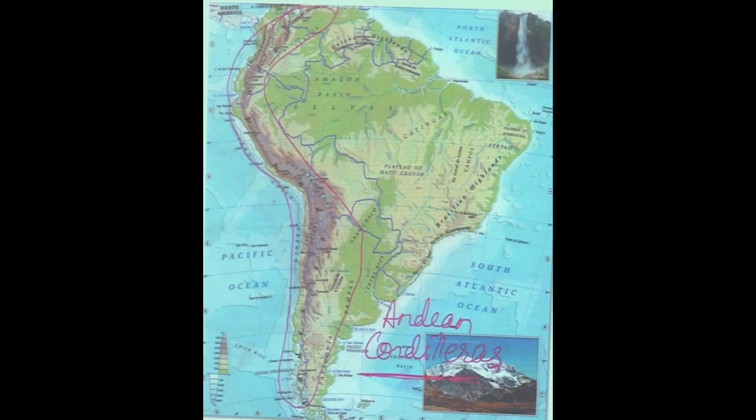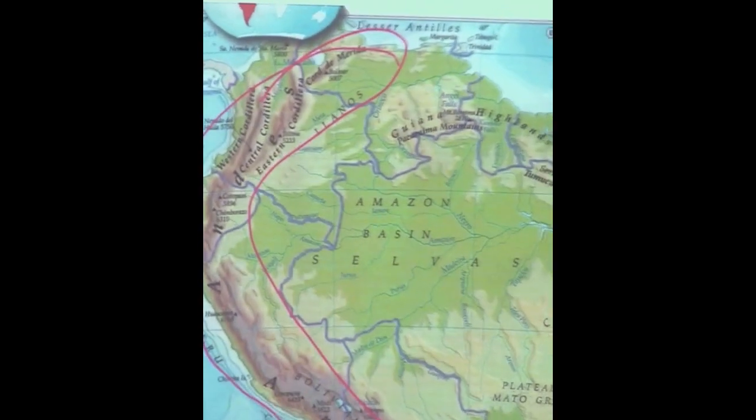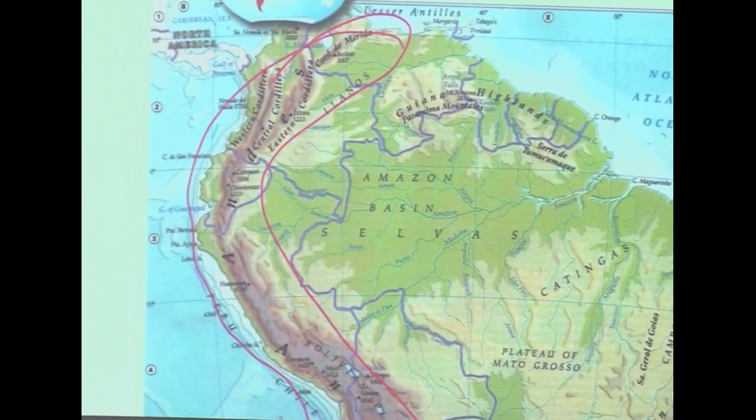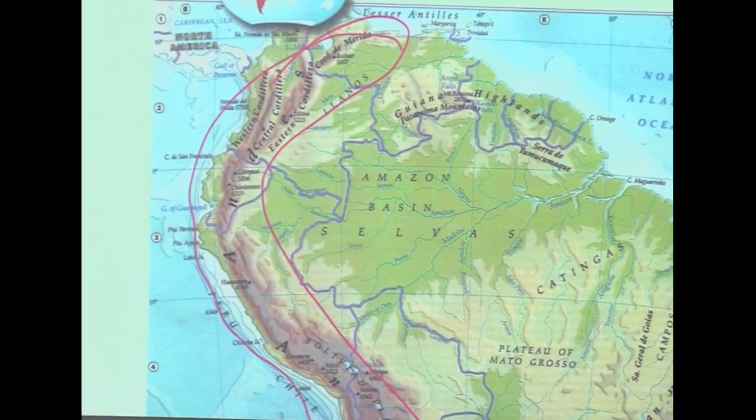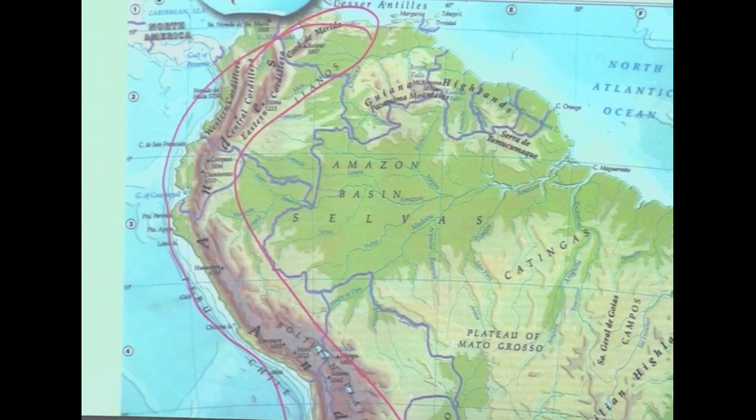Remind yourself that when I talk about Cordilleras, I am talking about parallel running mountain ranges. Zooming in, we have the mountain ranges running through the countries, and you are aware of their names, so apply it.